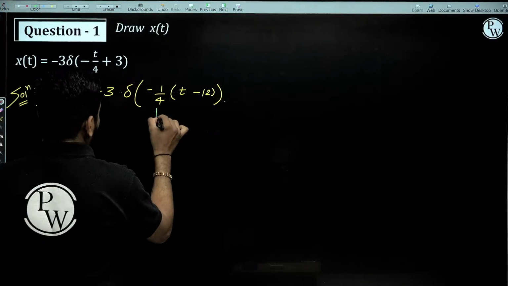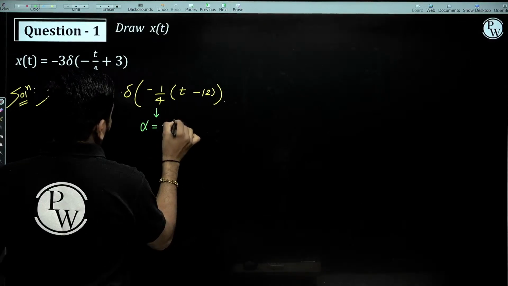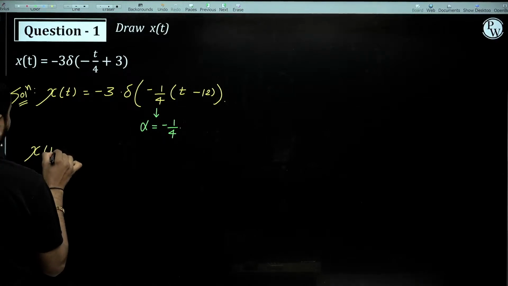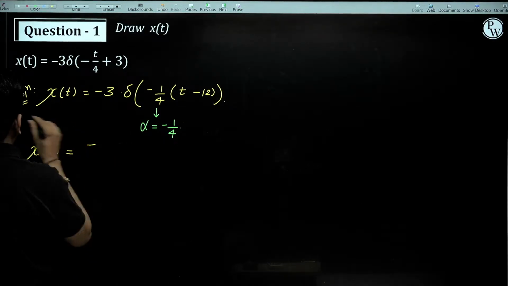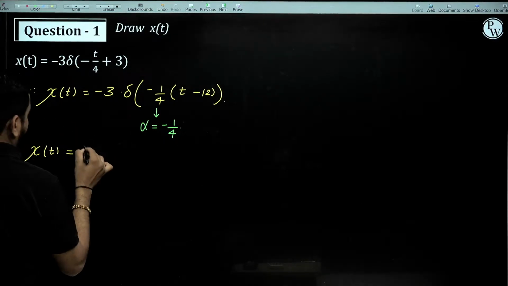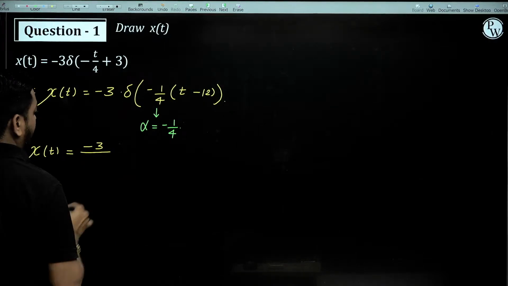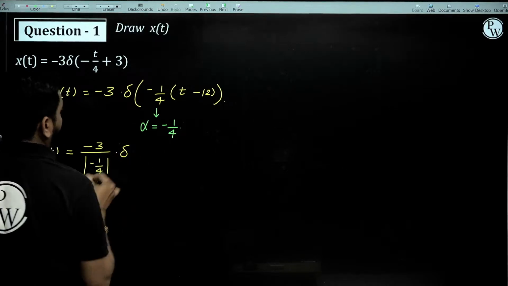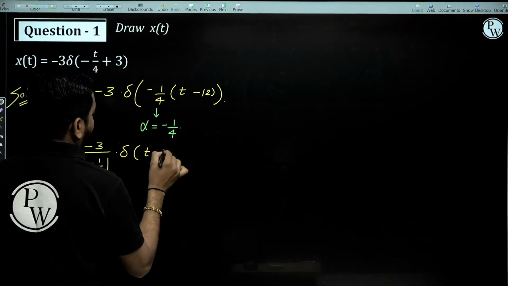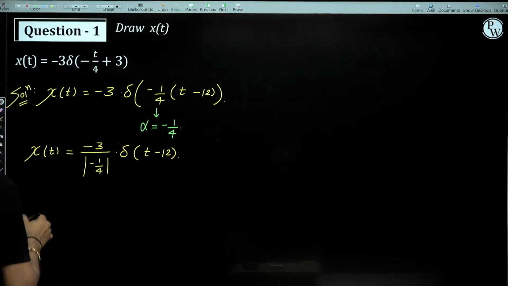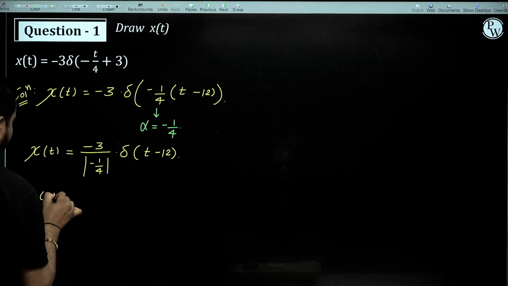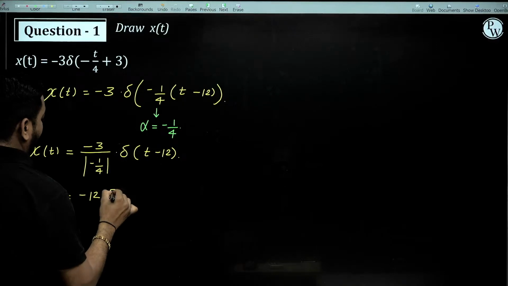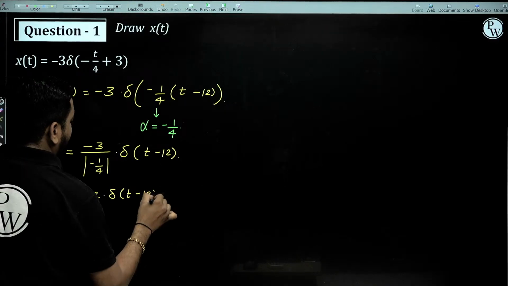So here alpha is equal to minus 1 by 4, so x of t will be minus 3 divided by mod minus 1 by 4, delta of t minus 12. So x of t is equal to minus 12 delta of t minus 12, correct?